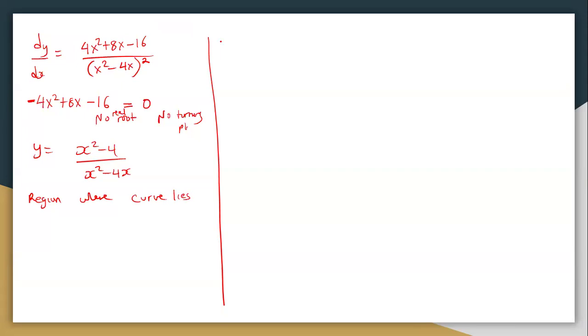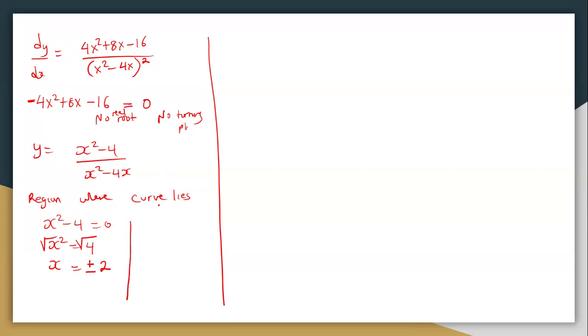To get the region where the curve lies, you equate the numerator and the denominator to 0. So you say x squared minus 4 equals 0, so x squared equals 4. Your x will equal positive 2 and negative 2.